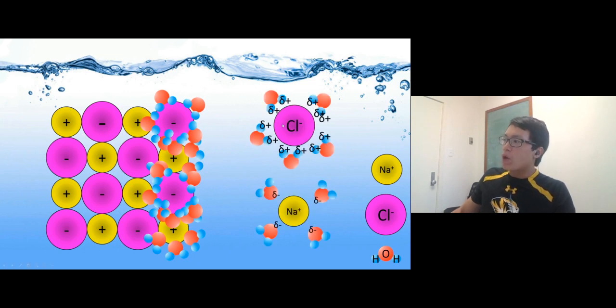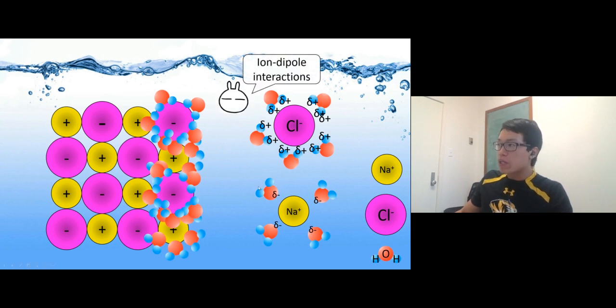Look like this. When it surrounds, the chloride is negatively charged, so the water will use hydrogen, which is partial positive, to stabilize it. For the sodium cation, which is positively charged, water will use oxygen, which is partial negative, the opposite charge, to surround it.